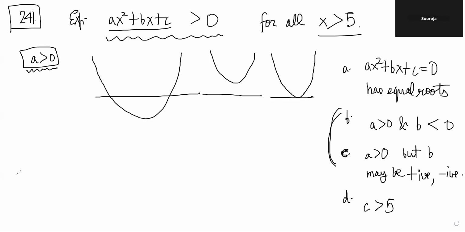It's an upward facing parabola, it can be either this or this or this. Now, when can we say that for all x greater than 5, the quadratic is positive? We have to figure that out. It can happen in any of these two cases, so for sure it can happen, no?